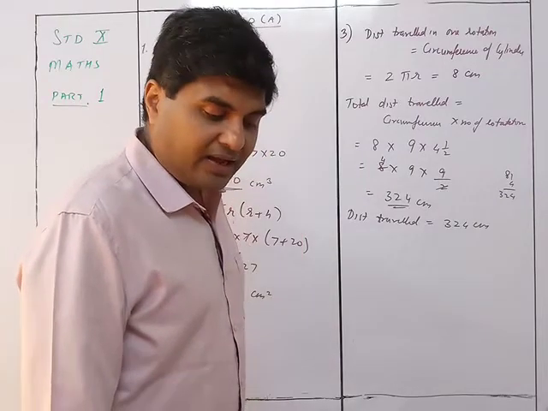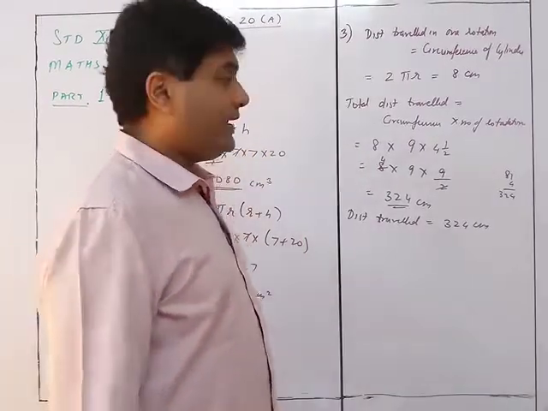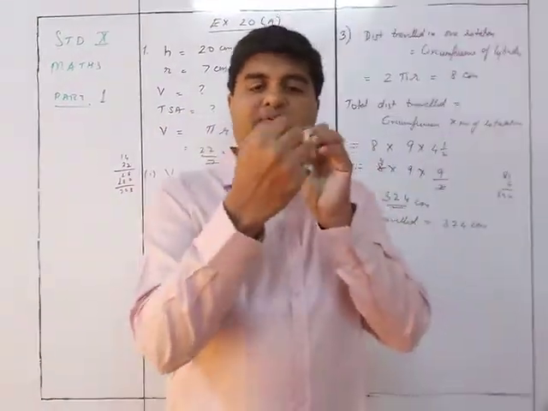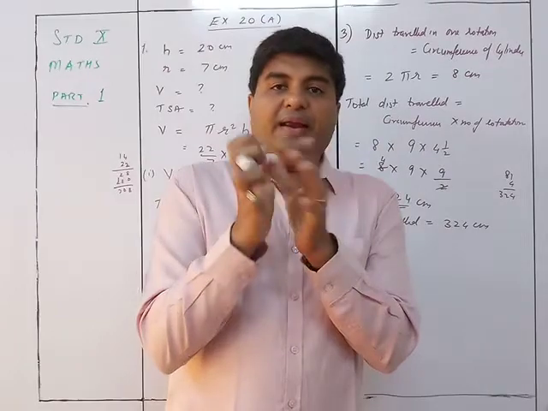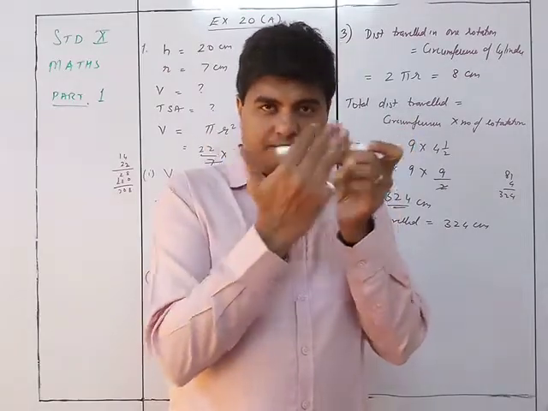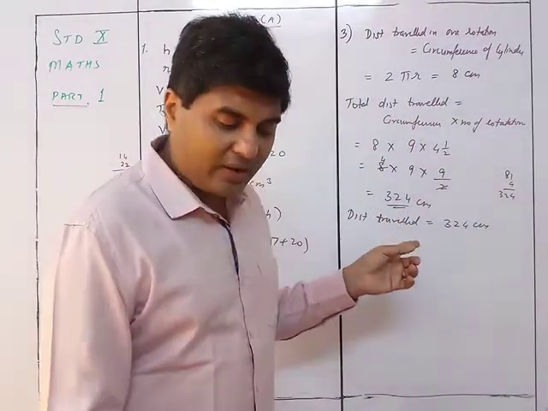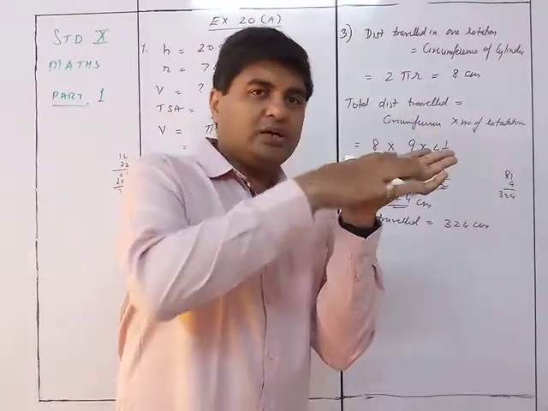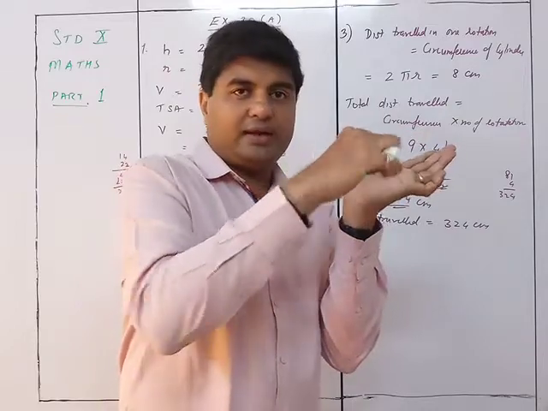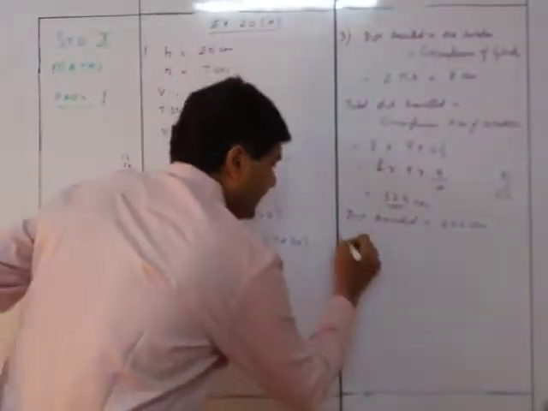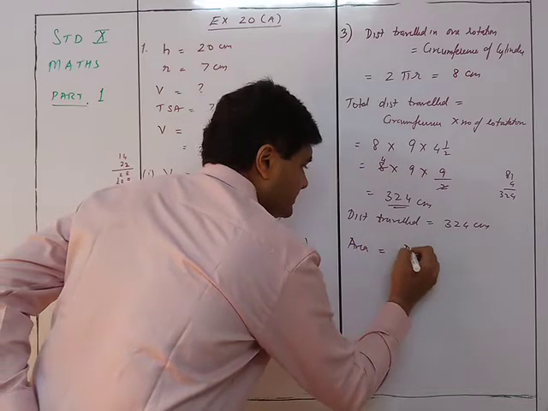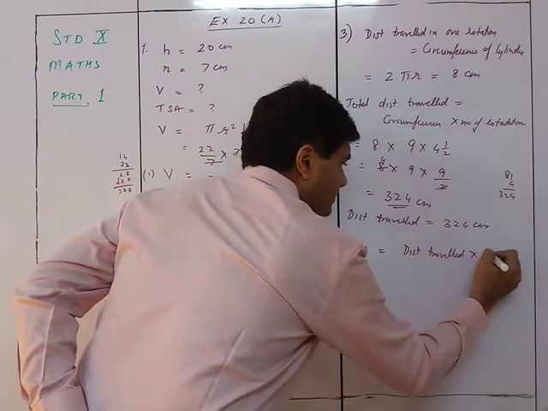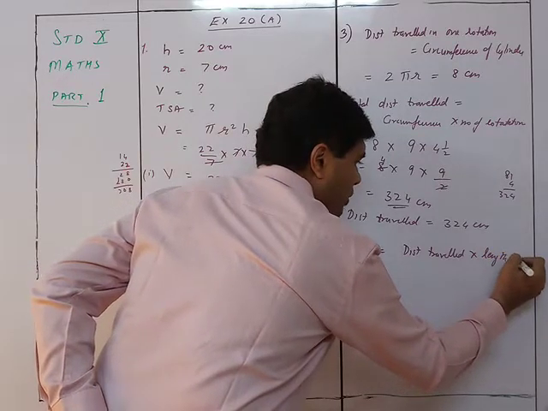The next is the area covered. Now what will be the area covered? The area covered is the distance traveled times the whole height. The height is given to you as 21 centimeters, so the length of the roller is 21. When it covers, it will be distance traveled into the length of the rod.